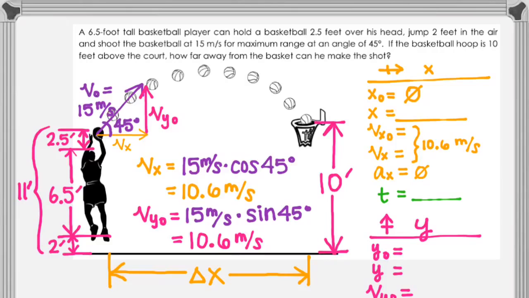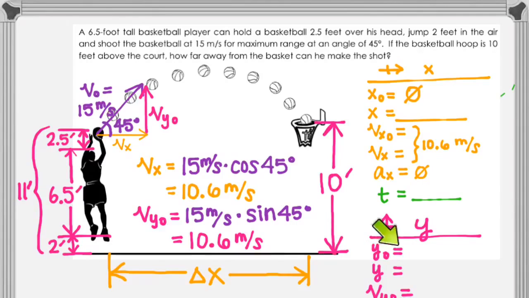So here feet would cancel, leaves you with meters, and you get 3.33 meters per 11 feet. And then I'm going to convert the 10 feet, this 10 feet here, into meters as well. Again, 1 meter is 3.3 feet. So 10 divided by that 3.3, we get 3.03 meters for the height of the basketball net above the court.